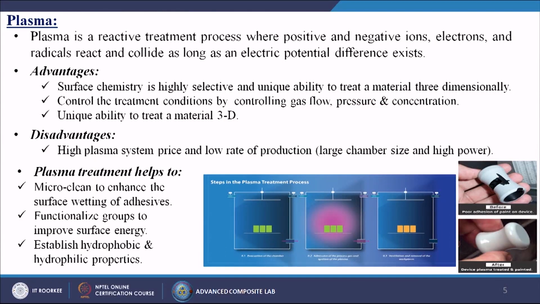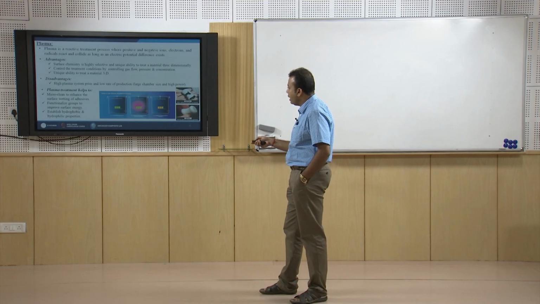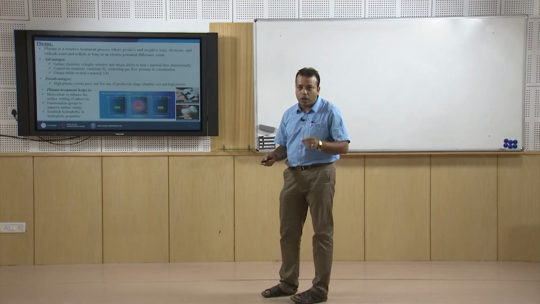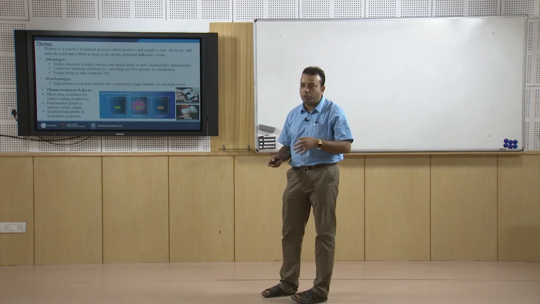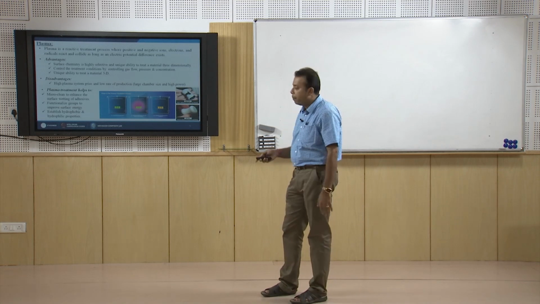Plasma treatment helps to microclean, to enhance the surface wetting of additives, to functionalize groups to improve surface energy, and to establish hydrophobic and hydrophilic properties. So, by doing the surface modification through ion bombardment or electron bombardment, we can change the material properties.